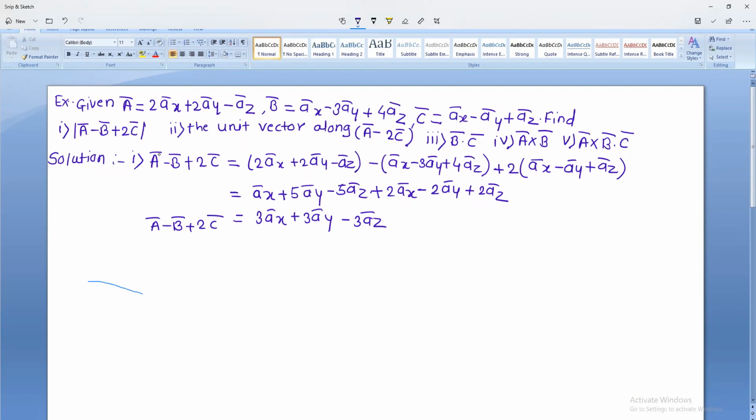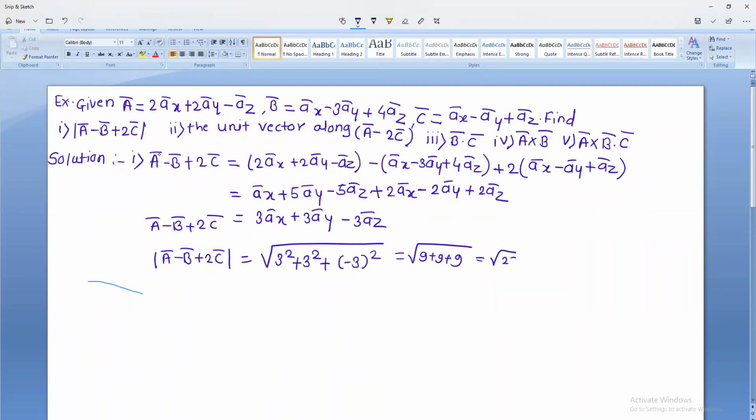Now what is the question? Question is mod of a bar minus b bar plus 2c bar. Now mod means magnitude is asked. So while finding magnitude, we are taking square root. So square root of 3 square plus 3 square plus minus 3 square, that is 9 plus 9 plus 9.